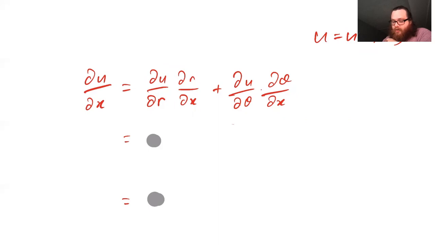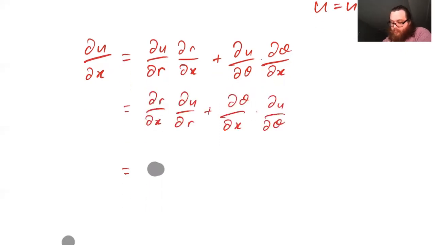So that's how u varies with x with respect to the first argument of u, this r argument. And then we need to add in how u changes with respect to theta. It's the same thing: how does u change with respect to its second argument, and how does that second argument change with respect to x?